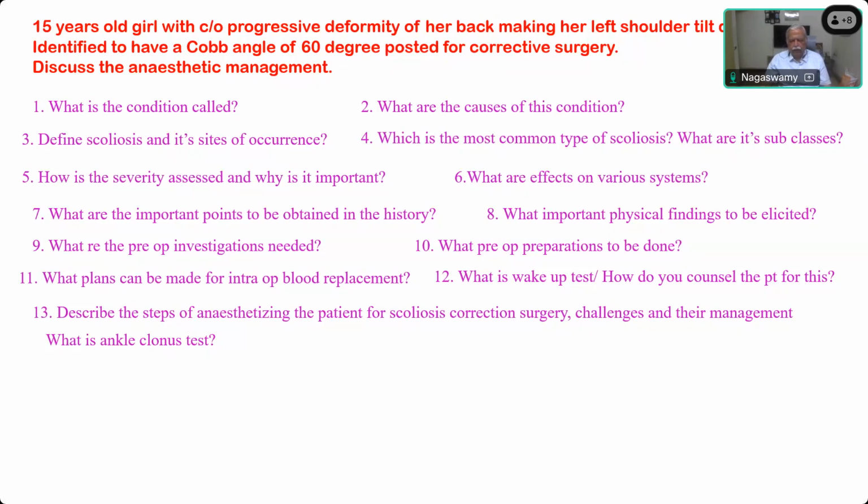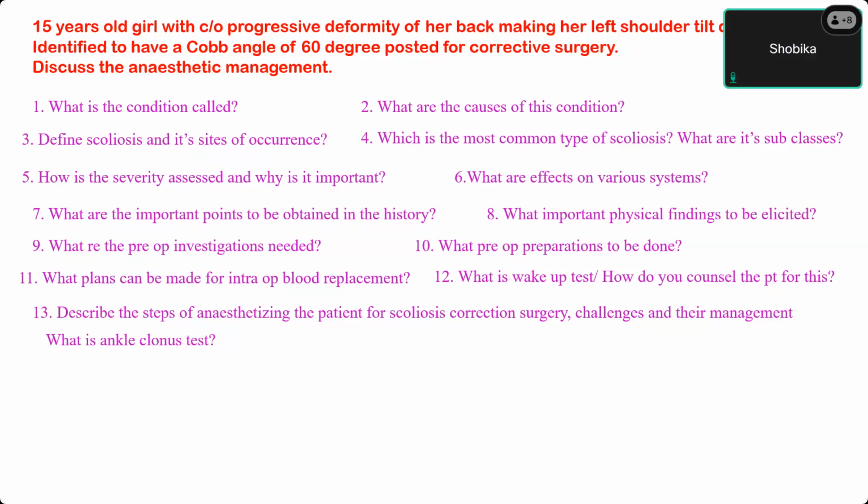Now, from the skin incision, how do you provide analgesia for the surgery? What are the methods of providing analgesia for the surgery? You have already given some fentanyl during induction. Opioids. Supposing neuromonitoring is also planned, then what are all the methods by which you can provide analgesia?